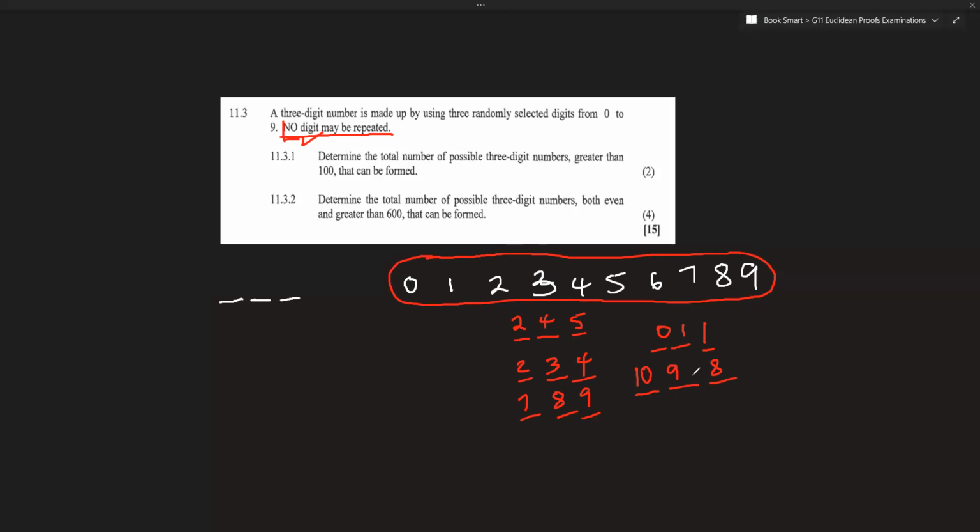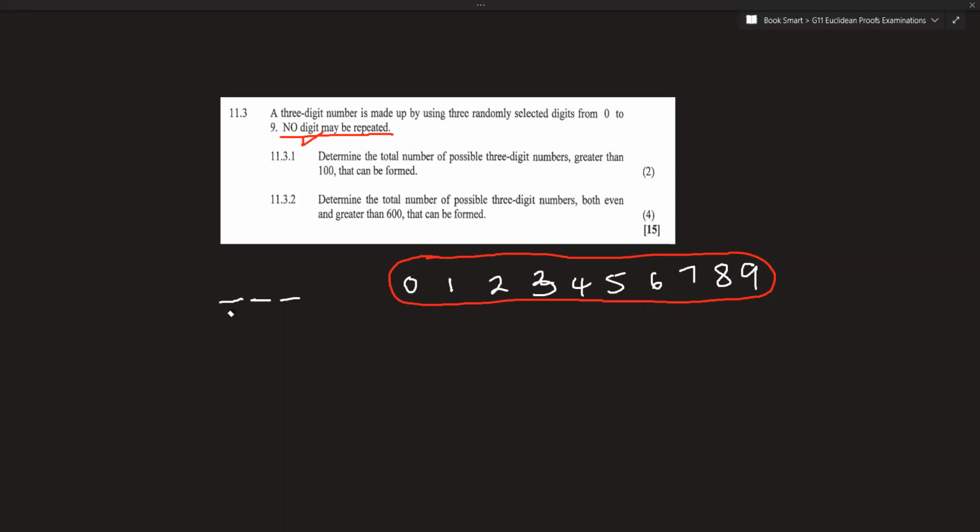But if repetitions were allowed, the options were always going to be the same, right? Awesome. So that's what I wanted you to have in your brains. So now we can go to the questions, okay? So I'm going to just erase this part, and then we can start with the question.